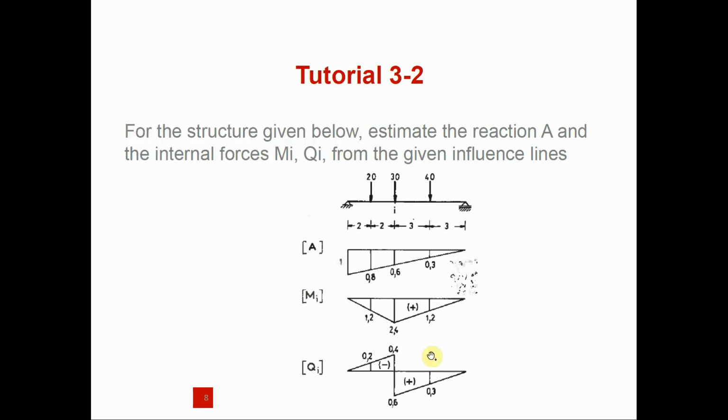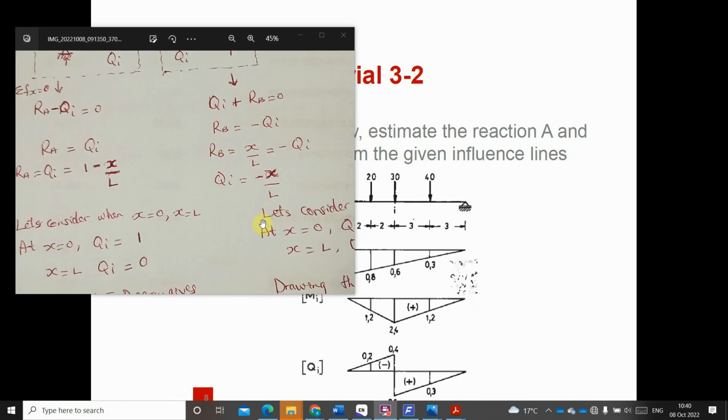If you look at the shear force, we have a value of 0.4 here and a value of 0.6 here. So which one is for the 0.6 and which one is for the 0.4? If we are treating the one at member B, then we consider this value, and for member A, we consider this other value. So let us look at what we are going to have using the formula I just showed us.